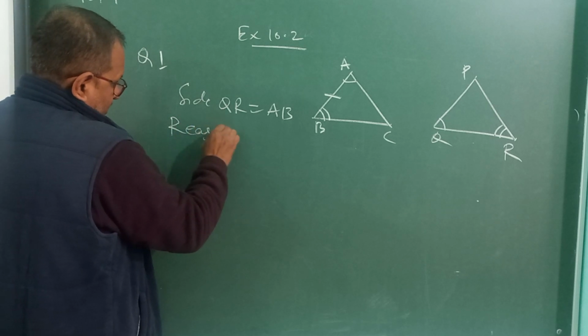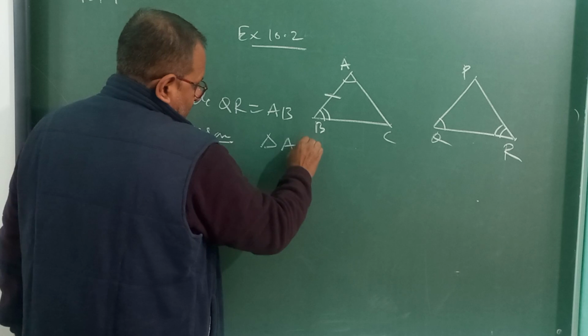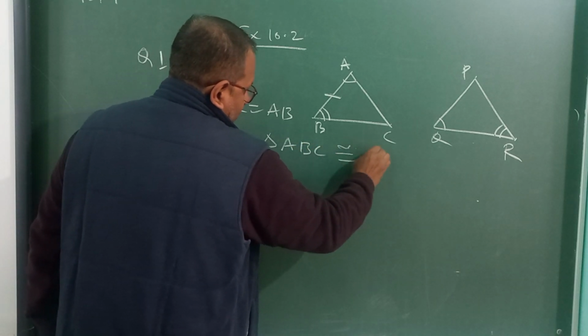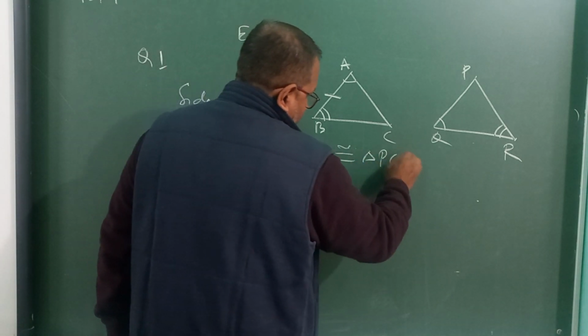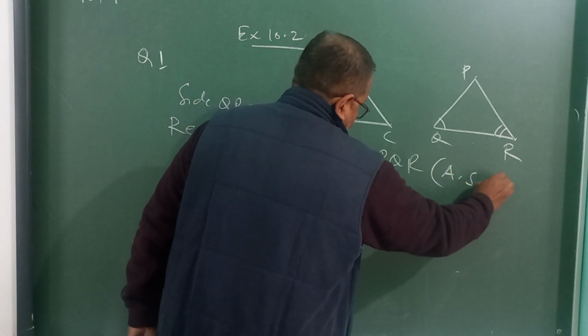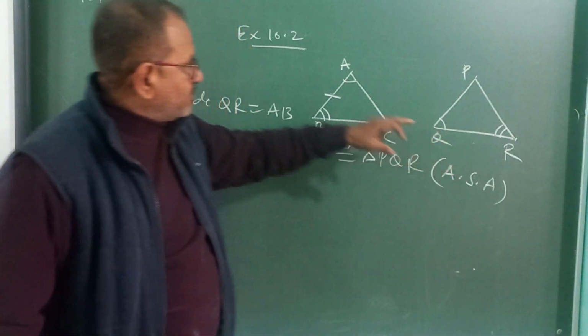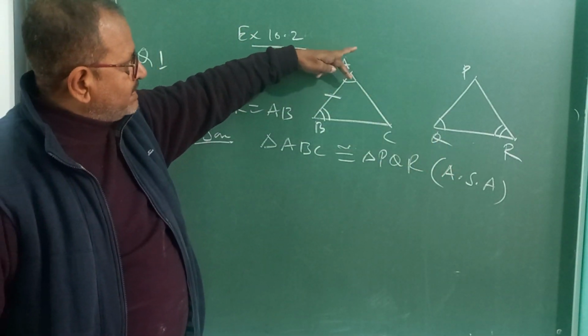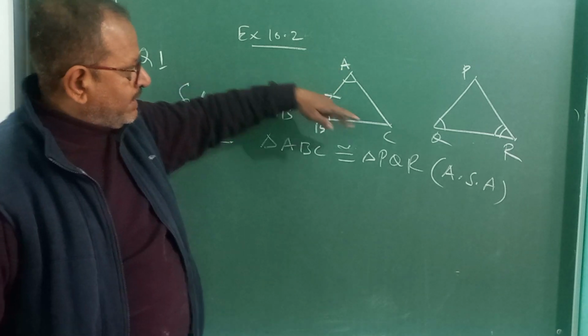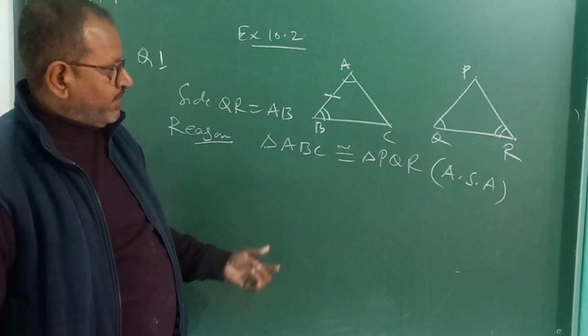Reason: triangle ABC will be congruent to triangle PQR by angle side angle. So if QR is equal to side AB, then we can say that by angle side angle, both the triangles are congruent.